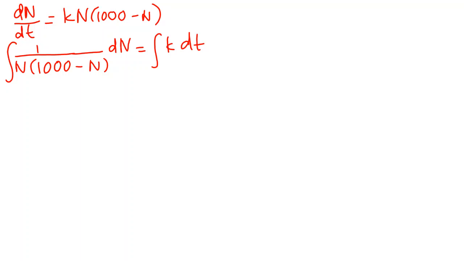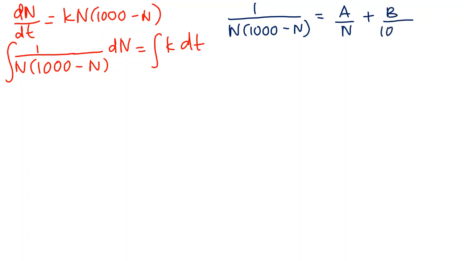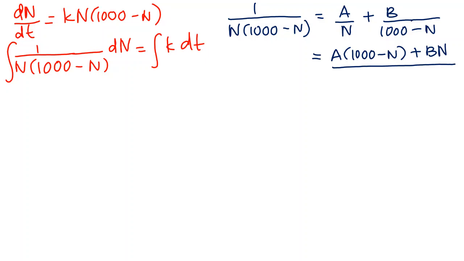Okay, now let's start with 1 over n times 1,000 minus n equals a over n plus b over 1,000 minus n. Okay, so this is equal to a times 1,000 minus n plus bn, divided by n times 1,000 minus n.